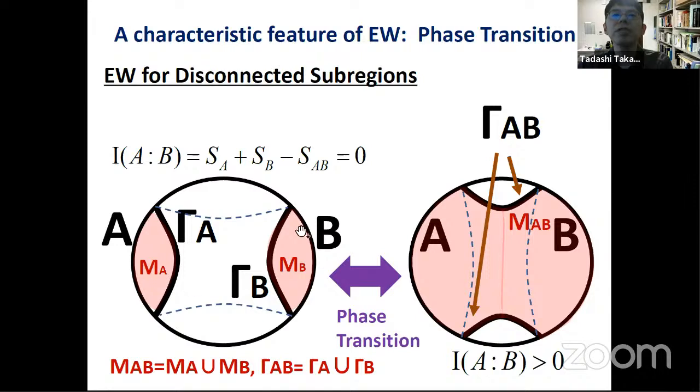In that case, the entanglement wedge is also disconnected. But if A and B get closer, then the minimal surface connects them, and the entanglement wedge is also this connected red region. And in this case, the mutual information is positive. So there is such a phase transition behavior. This is quite characteristic of the entanglement wedge.